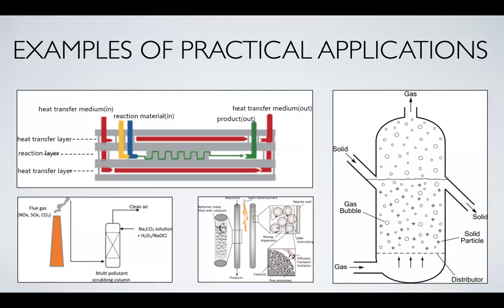What about this one? The bottom one here on the left-hand side is like the absorber, okay? And the middle picture right here is like a reactor, which is a catalytic type of reactor. We have a catalyst in a sphere shape. So it depends on what or where the system is that you're focusing on.